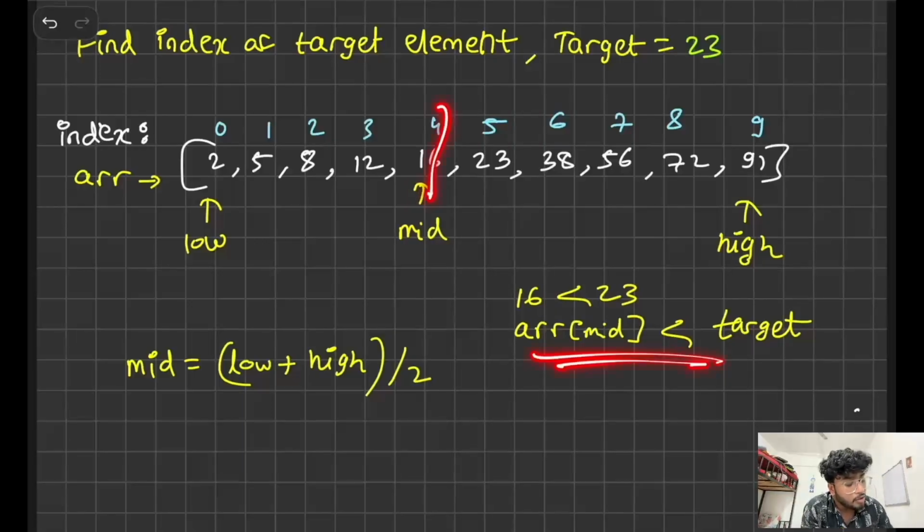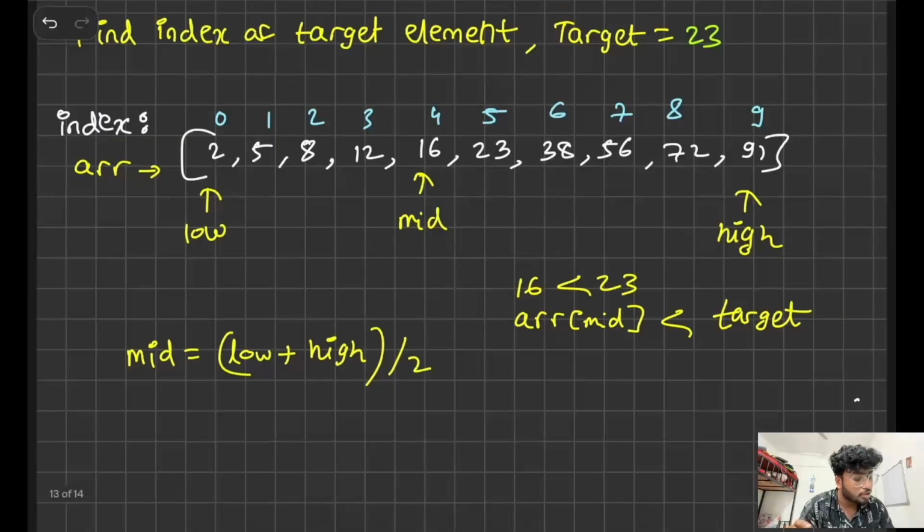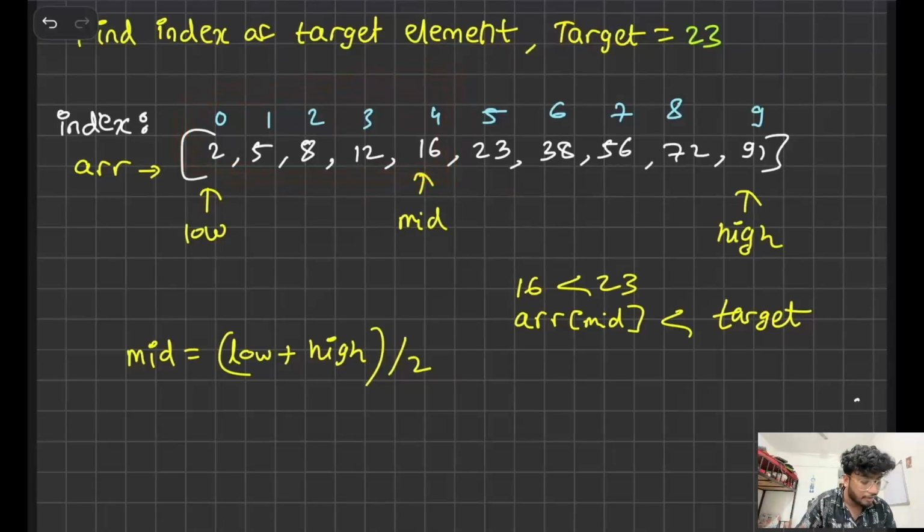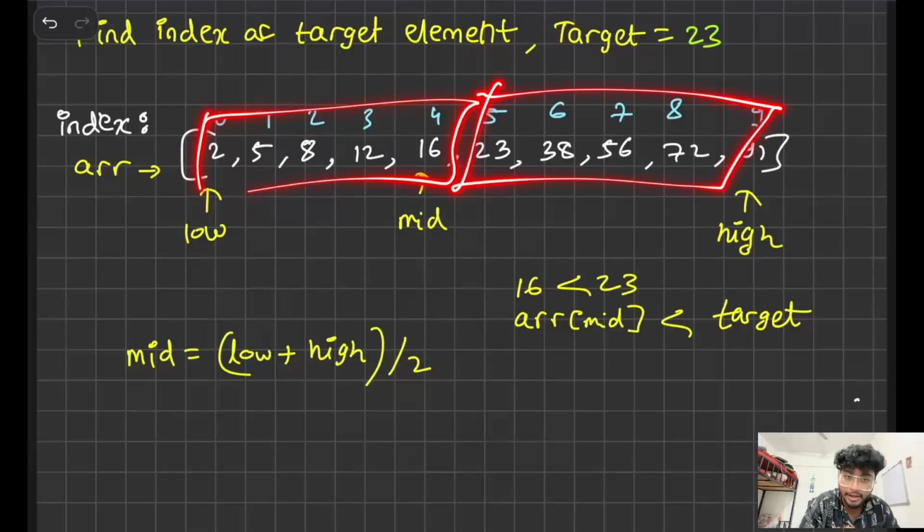So I know any number which is smaller than 16 won't be my answer. 16 is smaller than target, so 12 is also smaller than target, 8 is also smaller than target, 5 is also smaller than target, and 2 is also smaller than target, right? So that's why I can say that anything in this half, like our array is now divided into this half and this half, right?